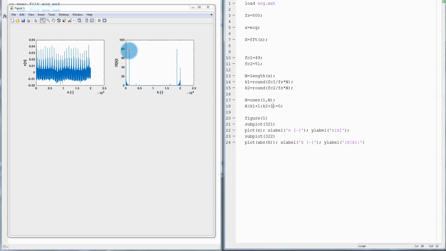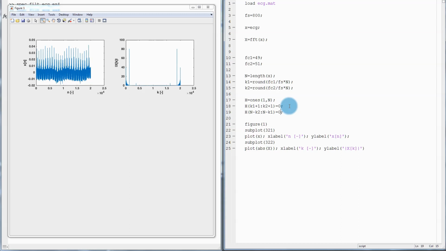But again, I need to remember that I work with symmetric spectra, so I also need to take care of this spike. I need to keep my frequency response symmetric. And do not forget MATLAB. Okay, and this generates my frequency characteristic.